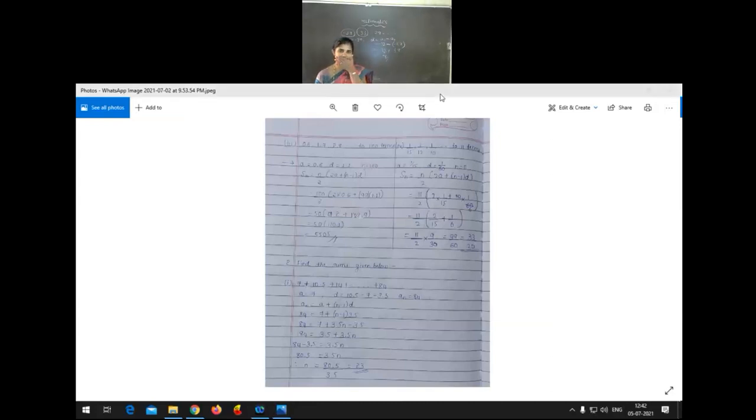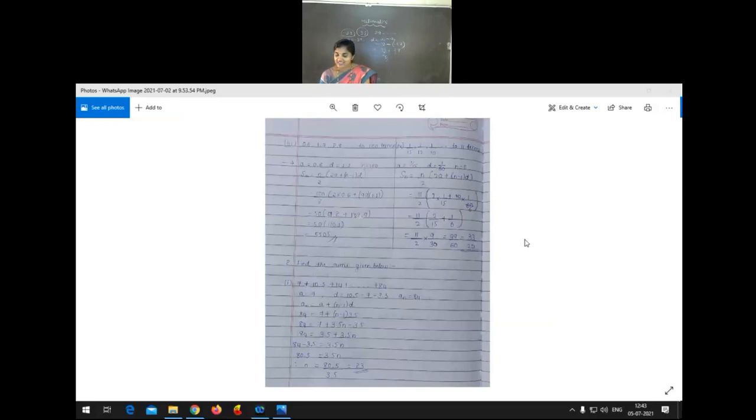Yes, chat box. Which formula can we use? Everybody is giving the answer that the n by 2 into a plus an formula we can use for this. Why can we use this formula, n divided by 2 into a plus an or n divided by 2 into a plus l? A is the first term, an is the last term. An is also represented by small l.